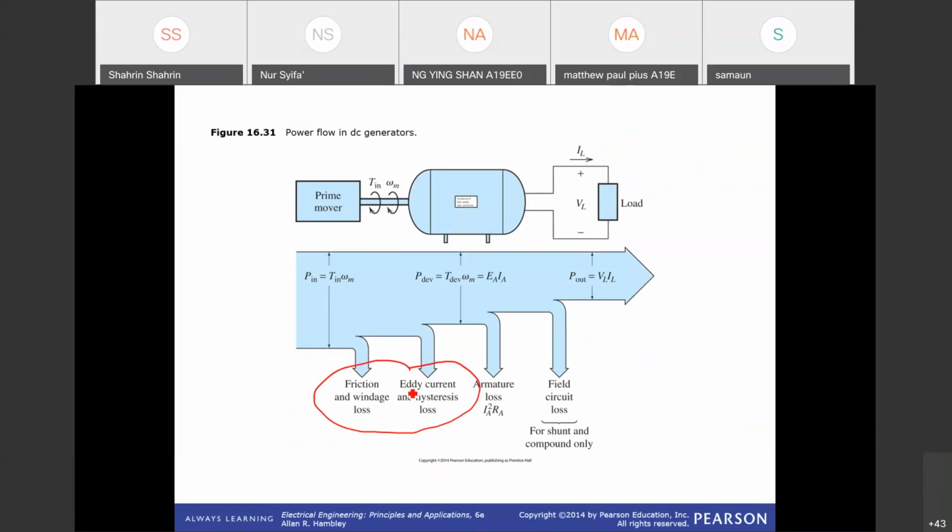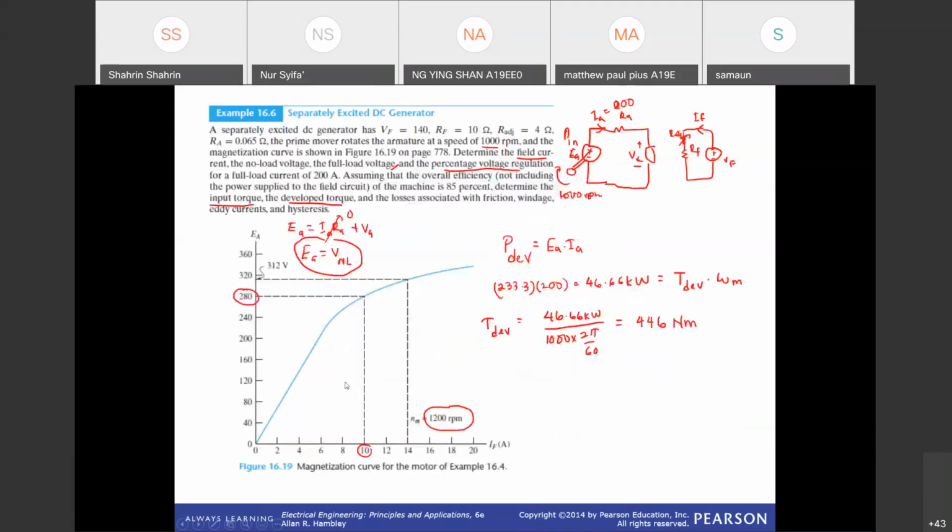So to get this, P input, which is around 51.76 that we calculated earlier, minus the power developed by the generator, 46.66 kilowatt.